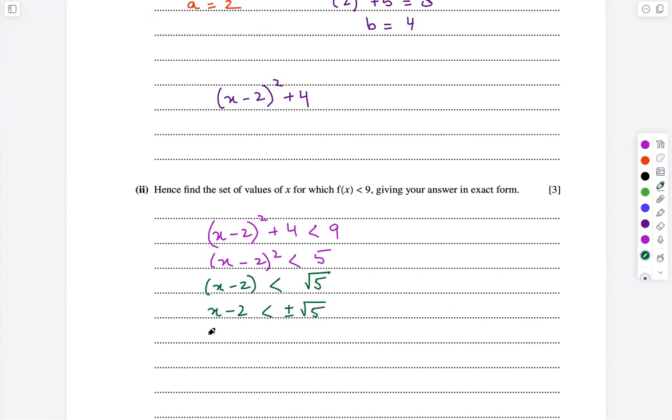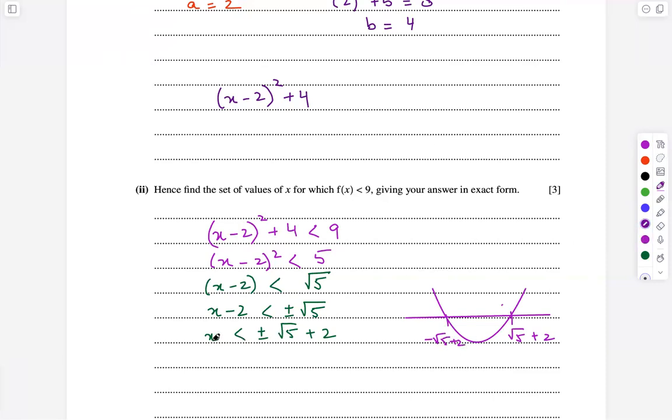And taking 2 to the other side, x will be less than plus minus root 5 plus 2. Now, as we have to give the correct inequality signs as well, if we make a quadratic curve over here, we know that the upper root will be root 5 plus 2, and the lower value will be minus root 5 plus 2.